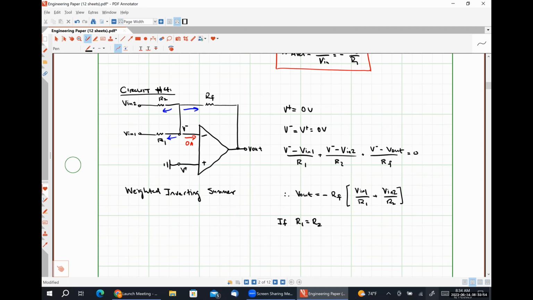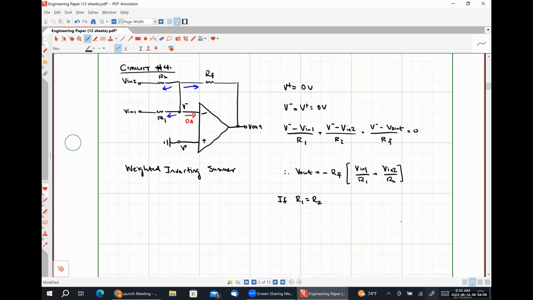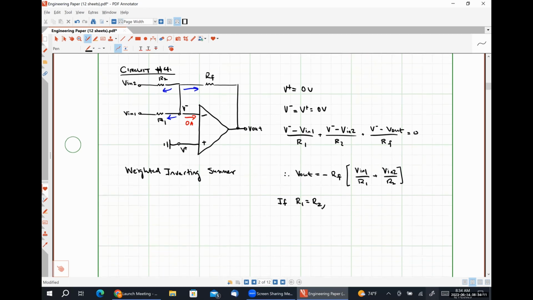If R1 is equal to R2, so all of our resistances that we're connecting to the inverting input terminal and applying our input voltages at, then what we are going to get is that V out is equal to negative RF divided by, let's just call it R1, times the sum of VN1 plus VN2.